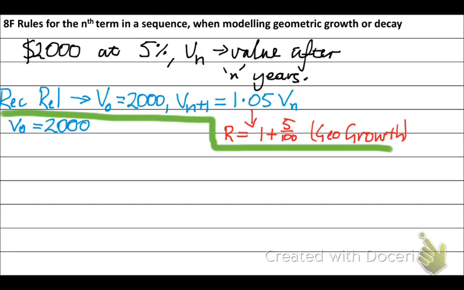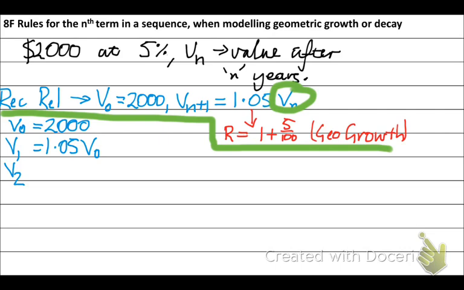Then V of 1 is equal to 1.05, the rate that it's increasing, times V0. Now, this is where the change comes in. V of 2, because we know that each subsequent term is the previous term times 1.05.